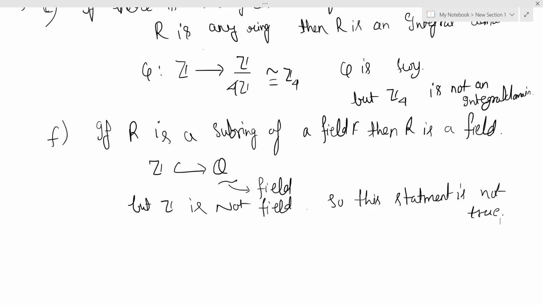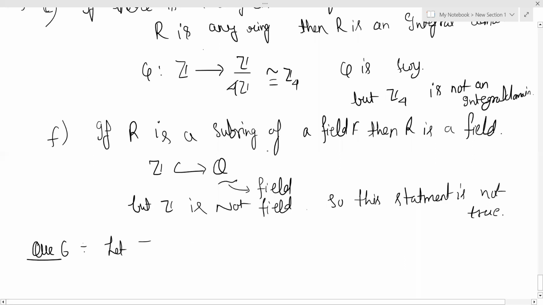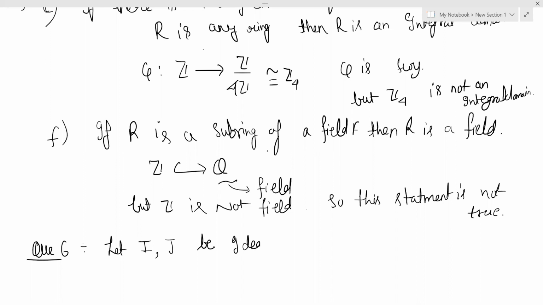Next question, question number 6. Let I, J be ideals in a ring R. Find all correct statements.